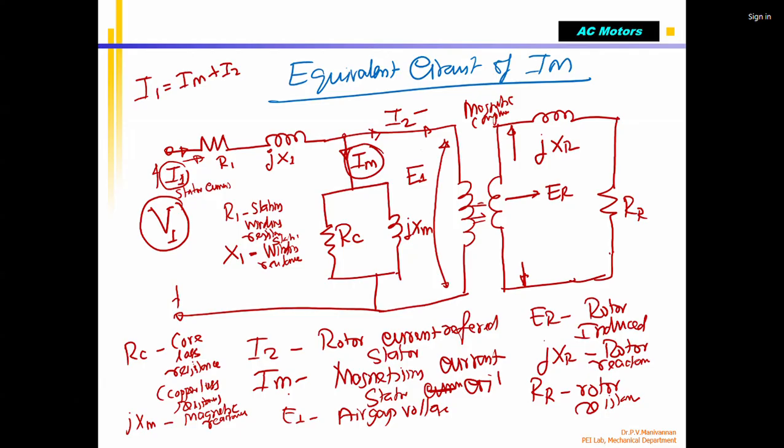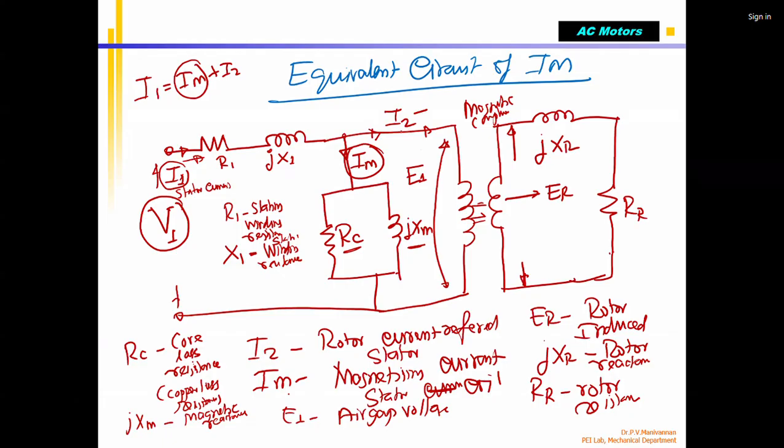All the current supplied from the power supply is not converted into magnetic field. Only some part of I1 is used for creating magnetic flux. And because a coil has inductance as well as resistance, it becomes two parts: one is RC, the other is XM. This is the reactance part, the magnetizing coil. This current is used for creating magnetic flux.